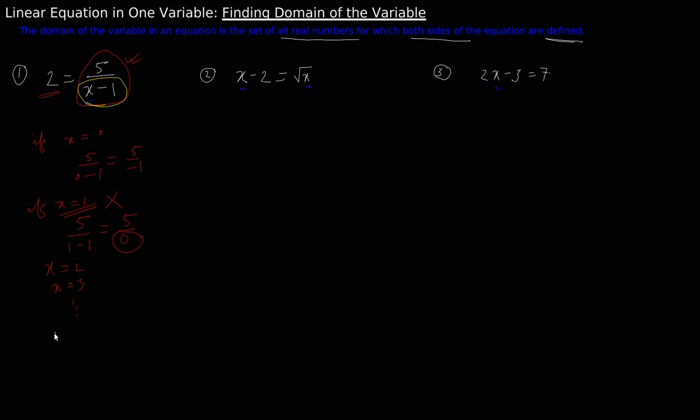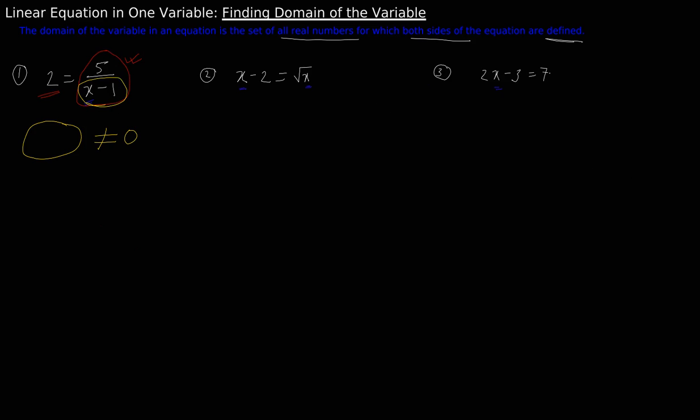So whatever is inside this yellow circle cannot be equal to 0, because then my denominator is going to be 0, and I cannot define the right hand side.